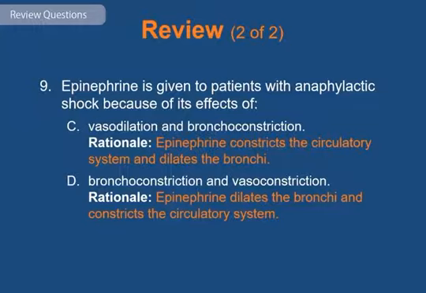C, vasodilation and bronchoconstriction. Again, epinephrine constricts the circulatory system and dilates the bronchi. And so that's incorrect. And D, bronchoconstriction and vasoconstriction. That's not correct because epinephrine dilates the bronchi and constricts the circulatory system.